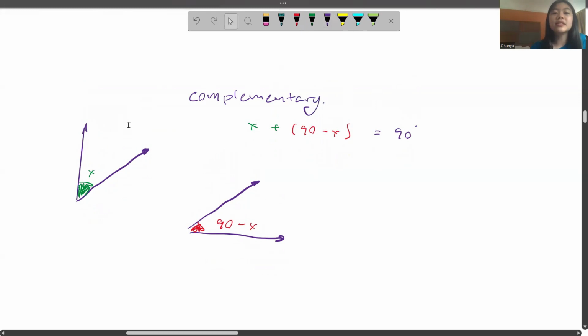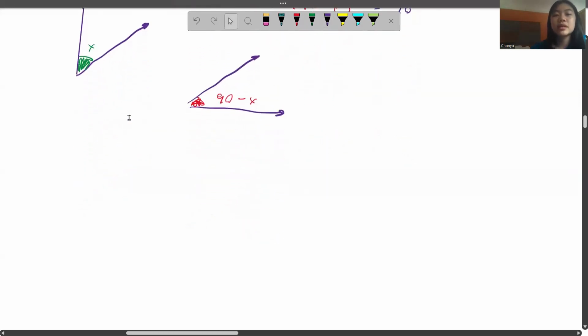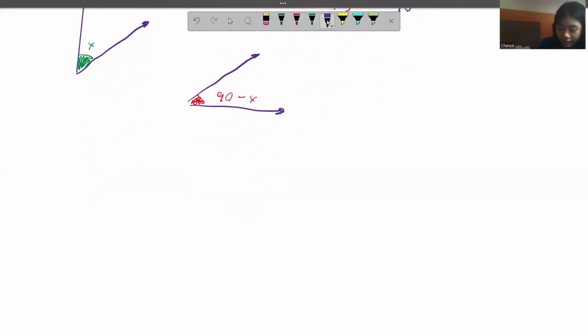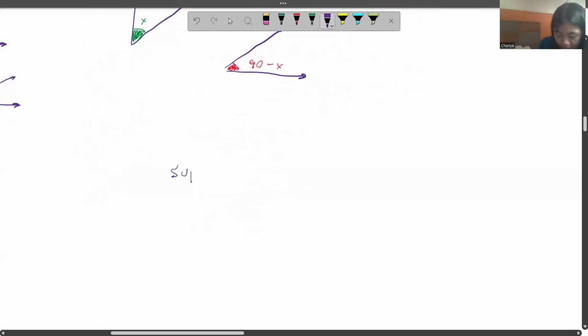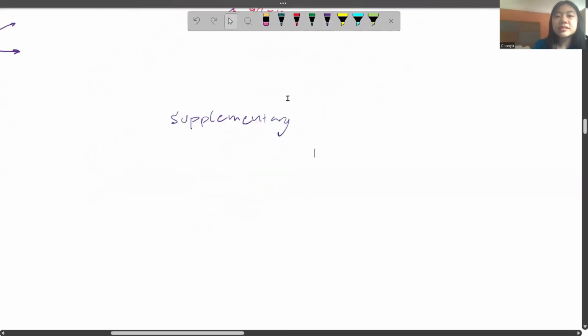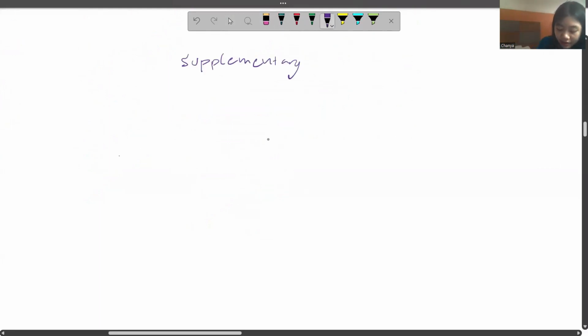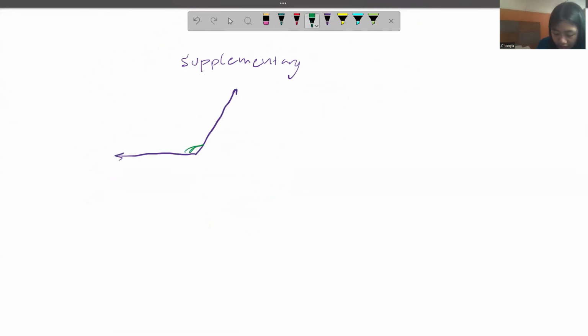Now, on the other hand, you could also have what you call supplementary angles. Supplementary angles. This is when two angles add up to 180 degrees. So suppose you have an angle here. Let's call this angle y. And you have another angle here, right?